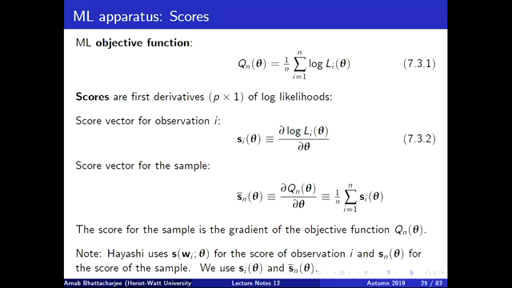All right, so Si(theta) is simply the partial derivative of the log likelihood of an individual data point with respect to theta. This is a vector, right, across all the theta elements. And the score vector for the sample is simply this guy. Okay, we are going to equate this to 0.